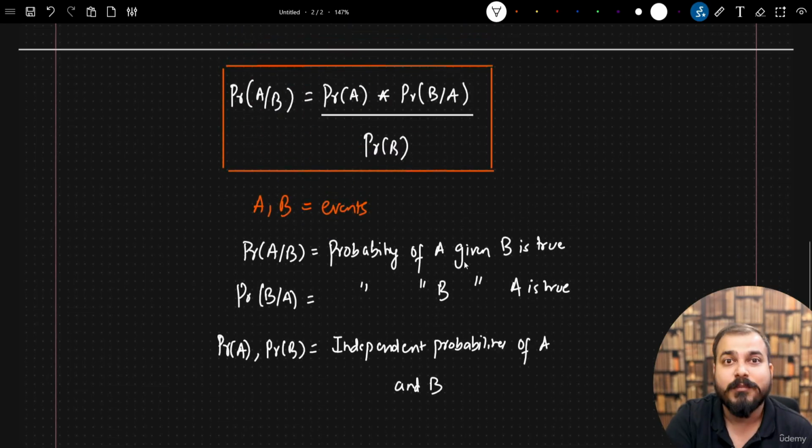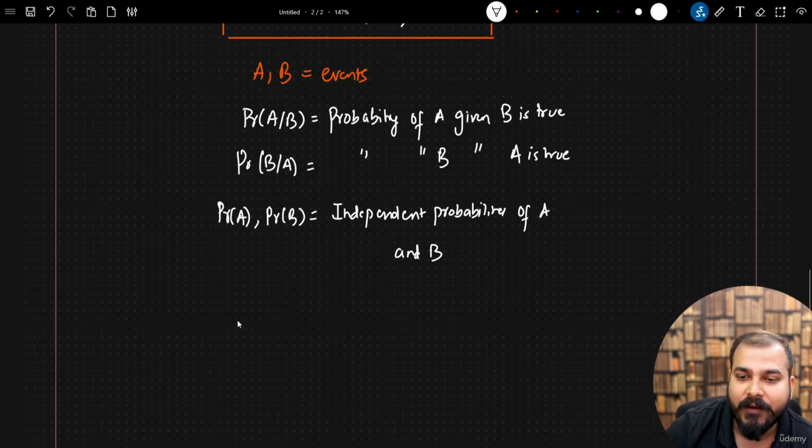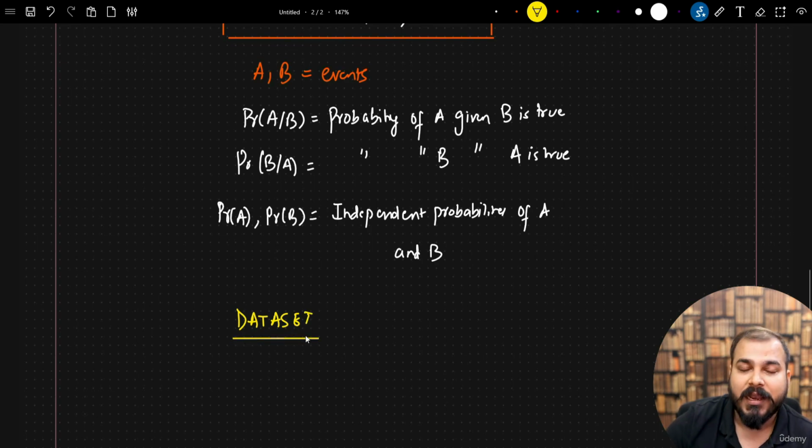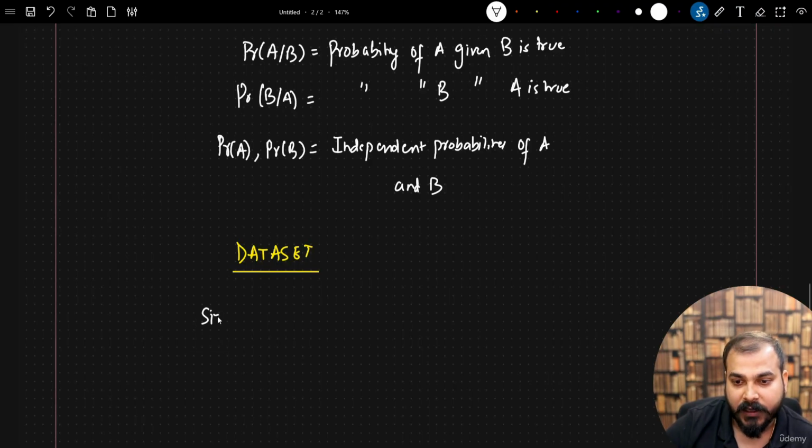Now let's go ahead and consider a data set. We'll try to understand how it will be applicable and useful in machine learning. Let's consider I have a data set. Now I'll show you how this will be useful in machine learning. Let's say that I have some features like size of house, number of rooms in the house, and location.